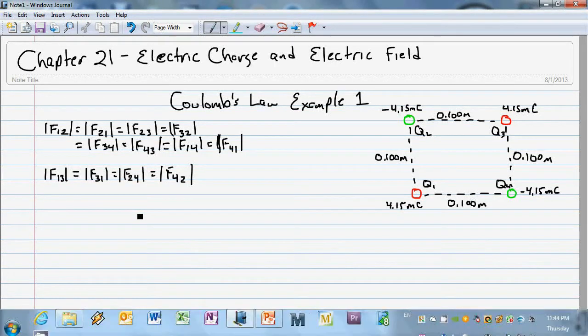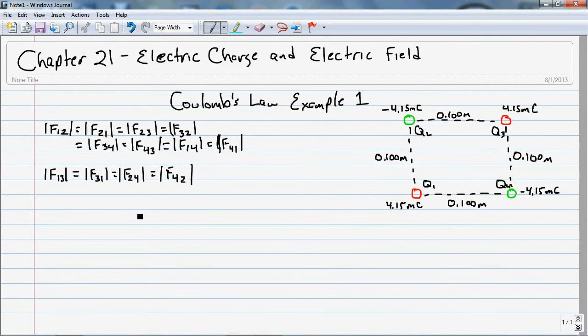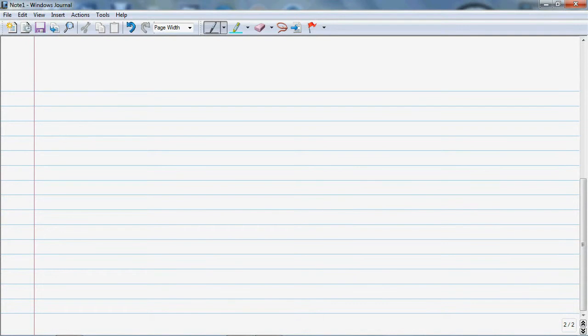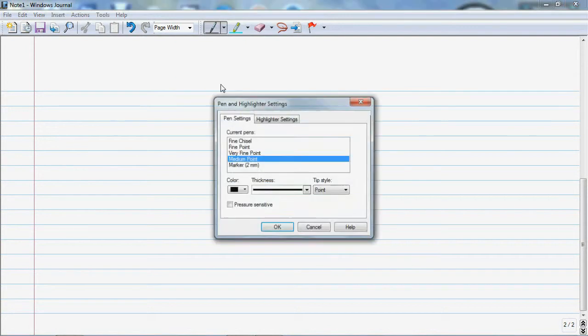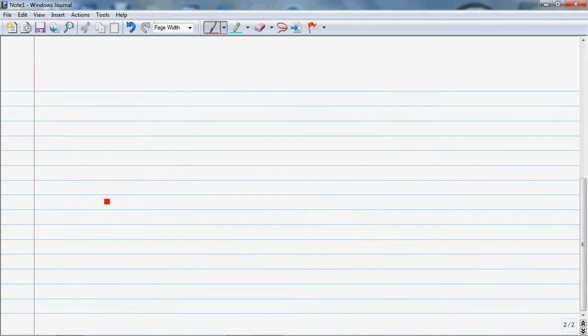Now let's see if we can define the angles. So let's start on another page and let's make charge Q1 our center of our world.